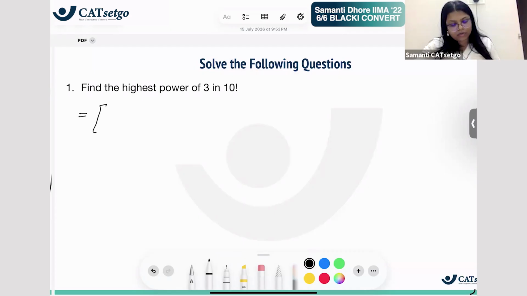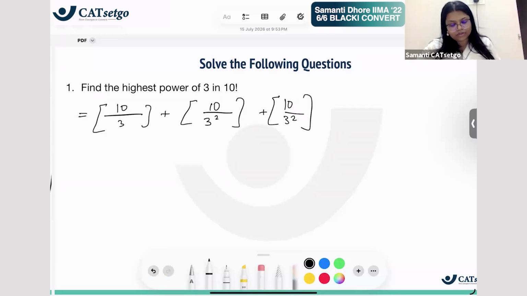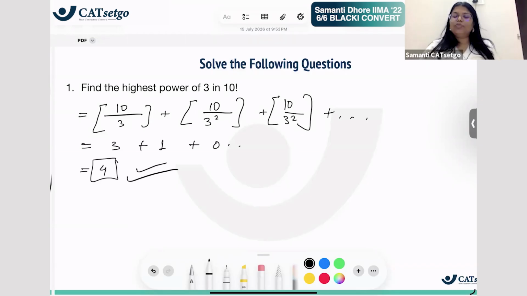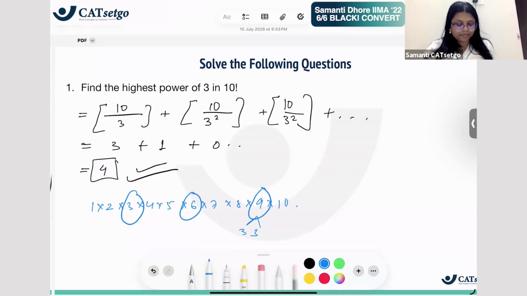I'll take 10 and divide it by 3, then 10 divided by 3 square, then 10 divided by 3 cube, and so on. Here the answer is 3, here the answer is 1, and from here it goes on to becoming 0. So 3 raised to power 4 will come. Let's test it: 1 into 2 into 3 into 4 into 5 into 6 into 7 into 8 into 9 into 10. One 3 came from here, one 3 from here, and 2 3s from here. 4 3s in total. So the highest power of 3 in 10 factorial is 4.